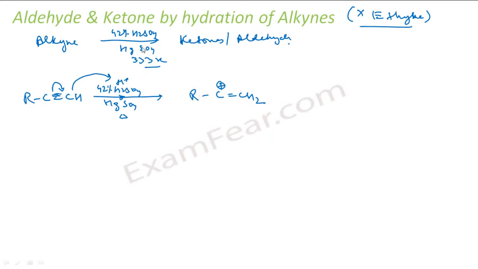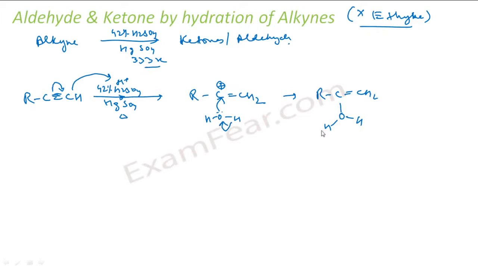And then I have water here. Water, H2O, will have a lone pair of electrons. It will be attracted by this plus charge and will attack on this plus charge, and what you get is RC double bond CH2, oxygen OH and H. Positive charge comes on oxygen, and oxygen doesn't like the positive charge, so it will break.